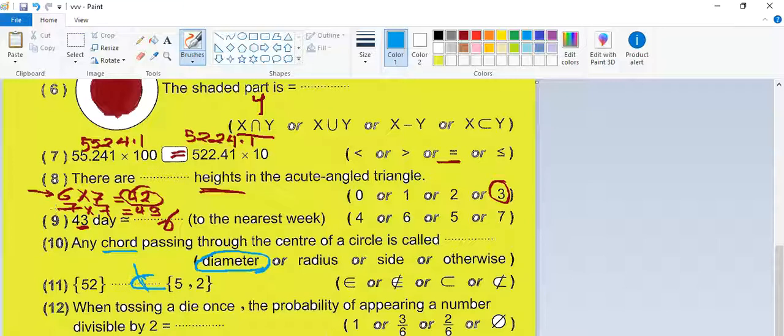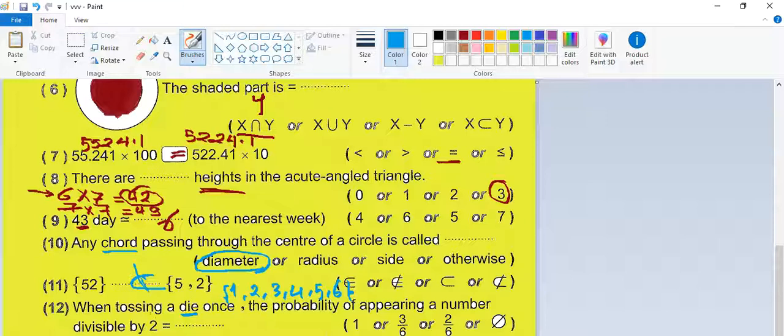Number 12. When tossing a die, a regular cube, once, what is the probability of the appearing number being divisible by 2? We have the numbers 1, 2, 3, 4, 5, 6.